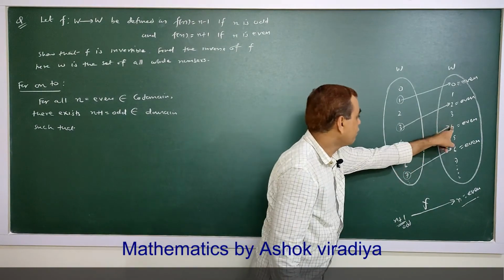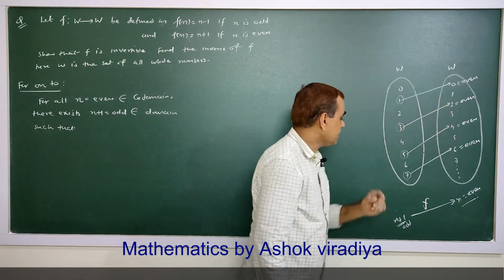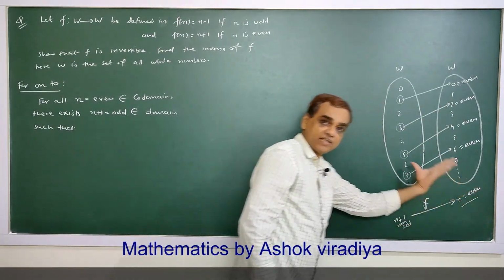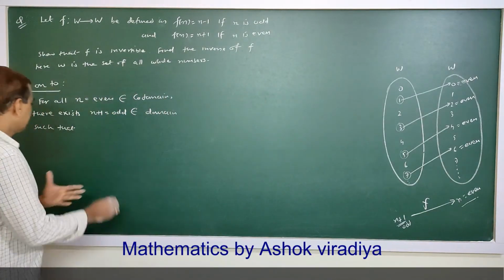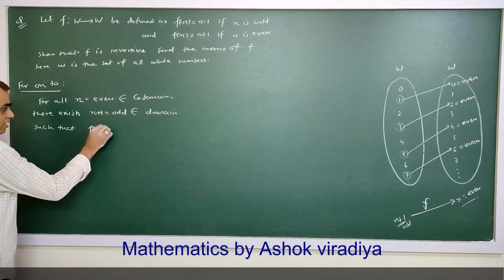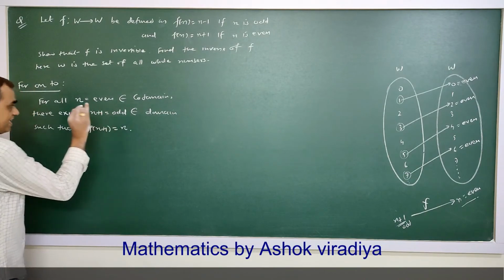Image of 5 is 4, image of 3 is 2, image of n plus 1 is n. So such that f of n plus 1 equals n.